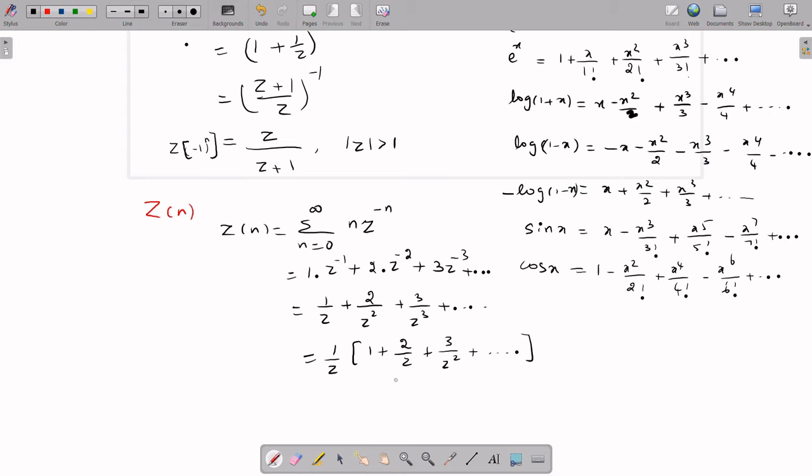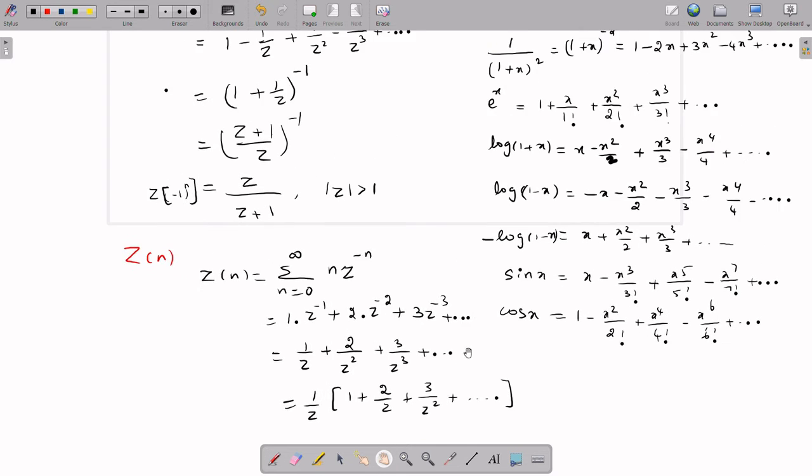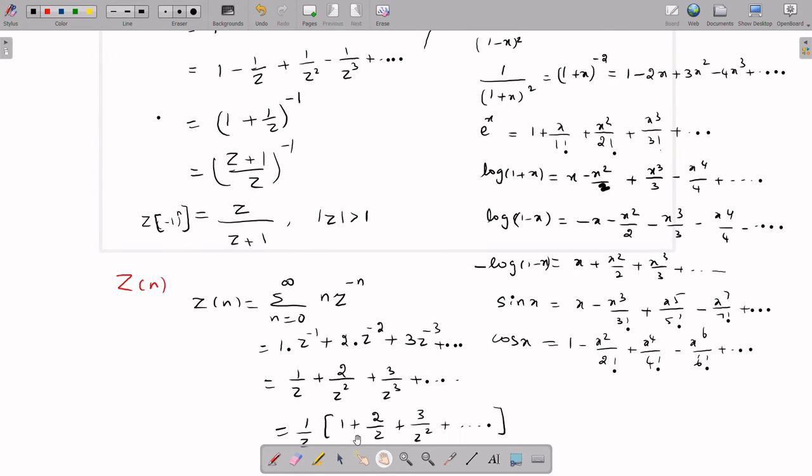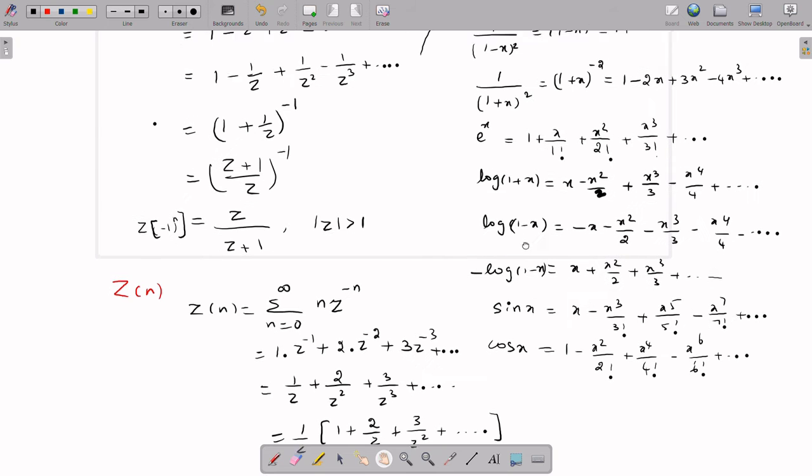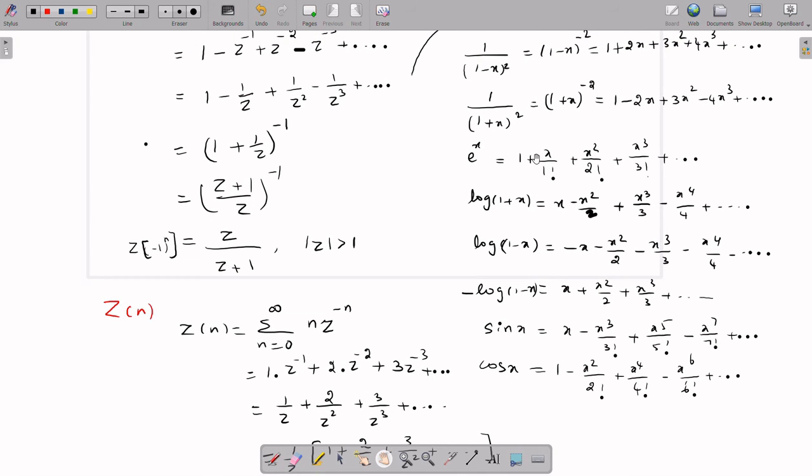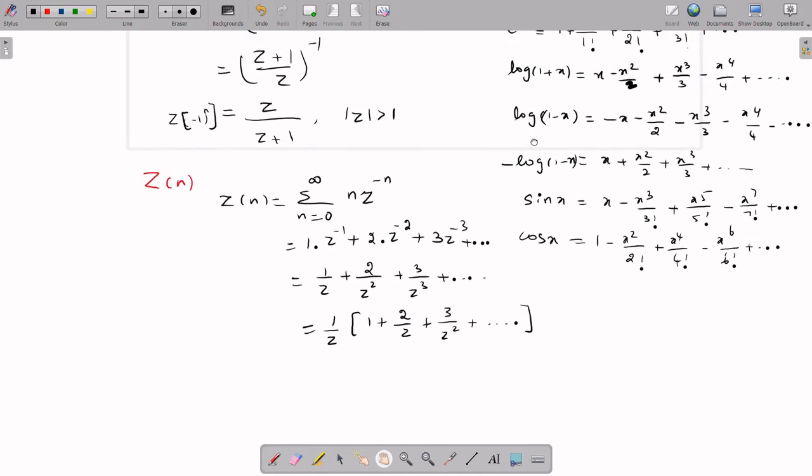Look at the formula here. This is of the form 1 minus x whole power minus 2, which is of the form 1 plus 2x plus 3x squared, like that you have.